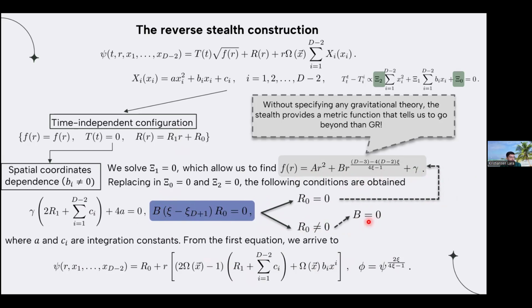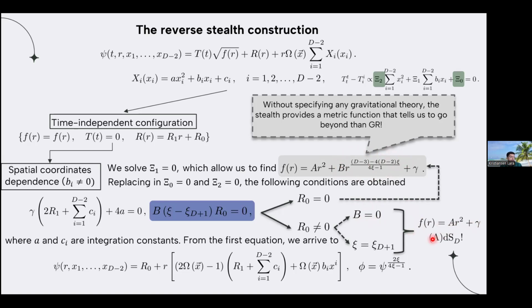So either B is equal to 0 or chi is equal to this guy. The two options converge to the same expression, because if b is equal to 0, this guy vanishes. So basically, you will have this metric function, which is nothing but de Sitter, or Minkowski in d dimensions.